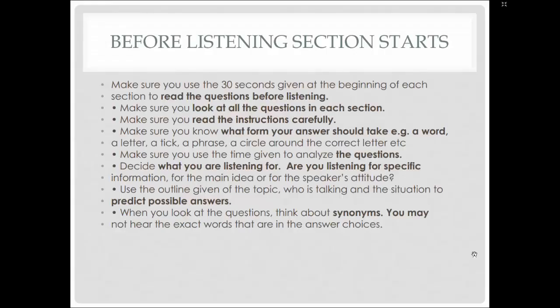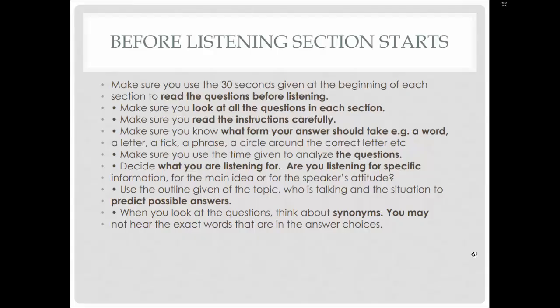So I'm going to highlight some of the ones that I really like a lot that are helpful. One thing that's really important to do is to really use the time you have at the beginning of each section to look over the questions. For example, at the beginning of section 1, they always break it down.